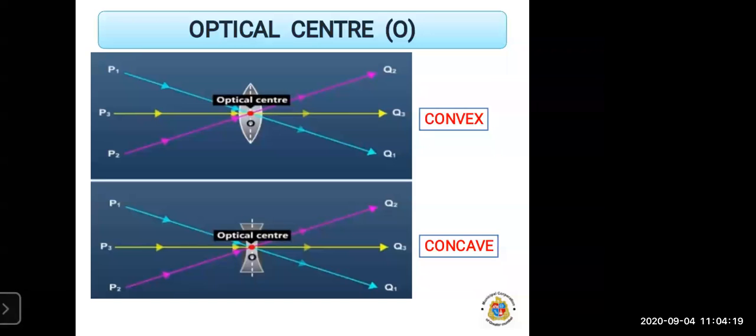There is a refraction of light, and as the convex lens has two surfaces, the concave lens also has two surfaces. If there are two surfaces, what will happen? The refraction will happen two times, right? So first refraction and second refraction. The refraction will occur two times.